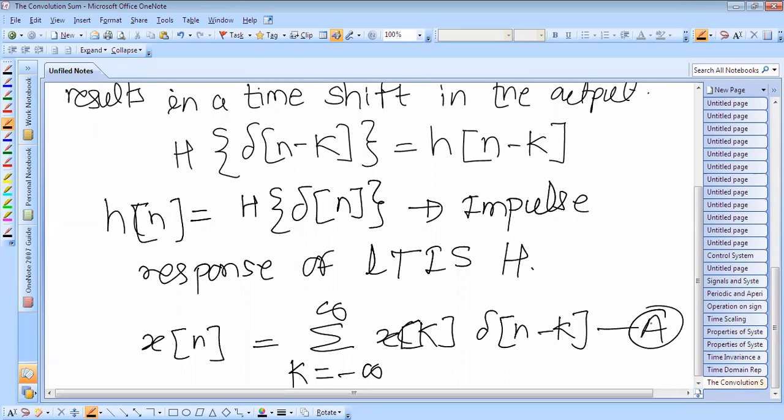The response of the system to the basic function in this equation is determined by the system impulse response. Therefore, we have to substitute this equation, which I will call equation number 1, in the above equation.